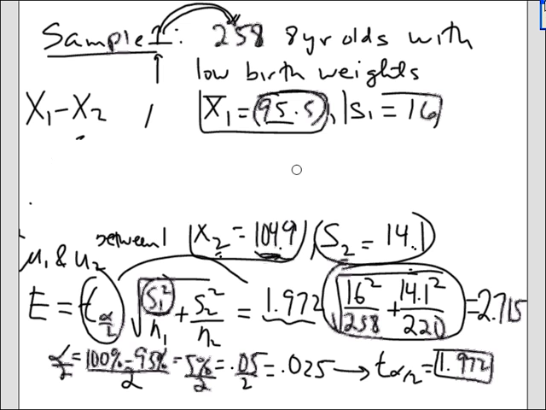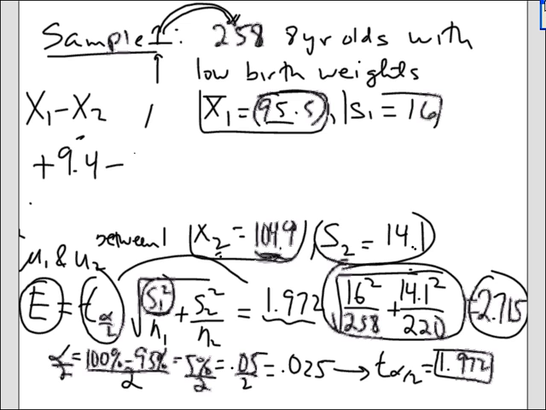The formula is X1 minus X2, negative 9.4, minus E, which, remember, E was right over here, and it equaled 2.715. So we take away E. Actually, this one should be plus 9.4.